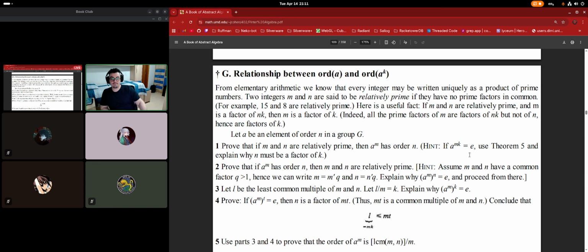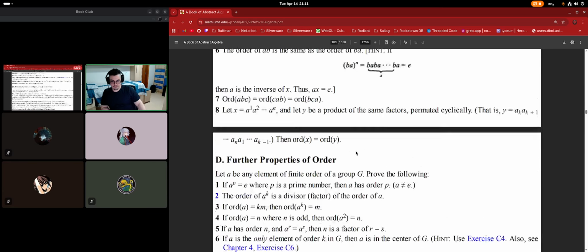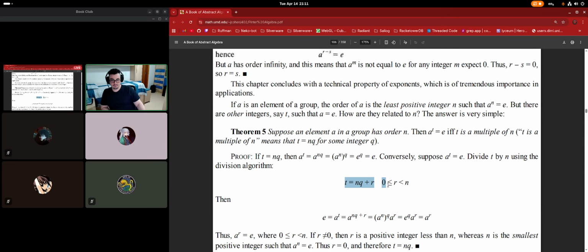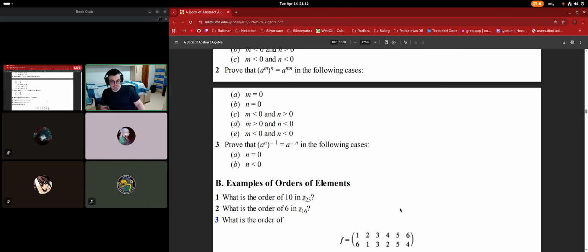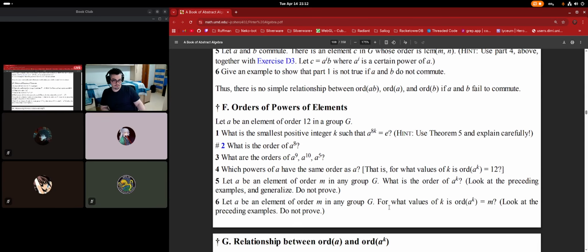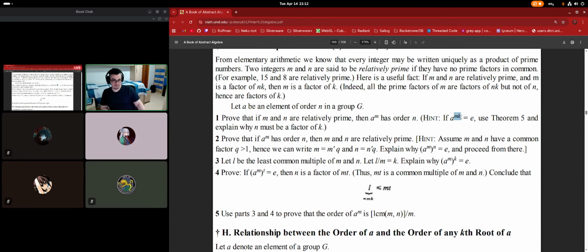Theorem 5 is about the multiple. It's about the t. We want to say that this is true if and only if t is a multiple of that. 100% this has something to do with it; we need to divide this. We need to divide this.